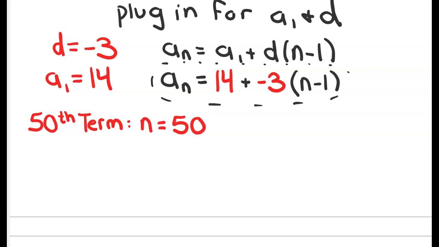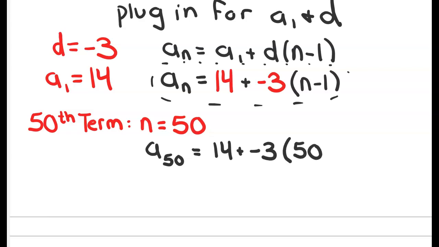So we would take our general equation, keep in the 14 and -3, but now wherever we see an n, we're going to replace it with 50. So we're going to say A of 50 is equal to 14 plus -3, and then we're going to plug in a 50 for n: 50 minus 1.